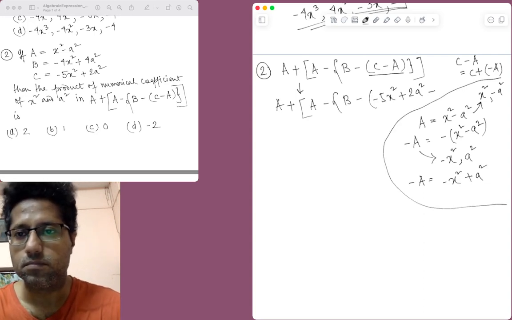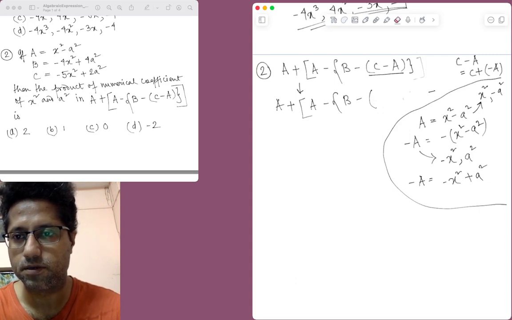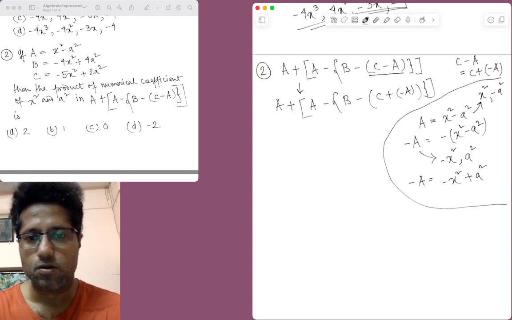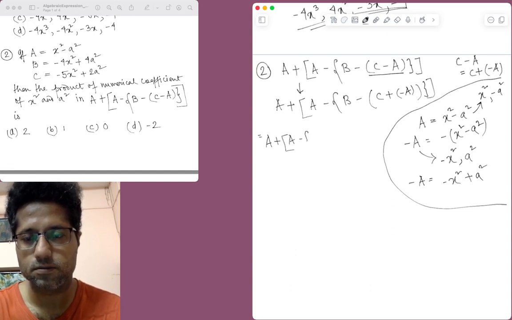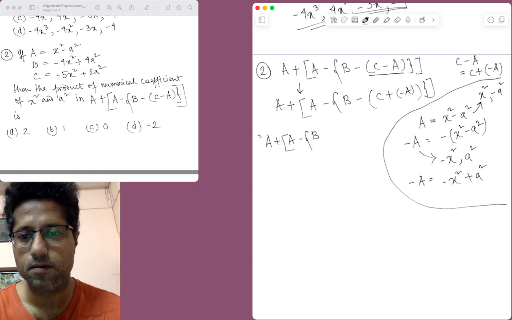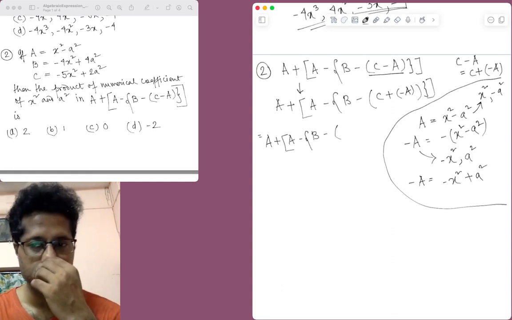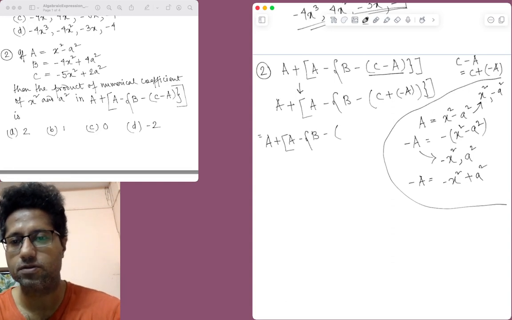Now instead of replacing c with the algebraic expressions, let me write c minus a as c plus minus of a. So now this is a plus b minus, c plus a, c plus the additive inverse of a.